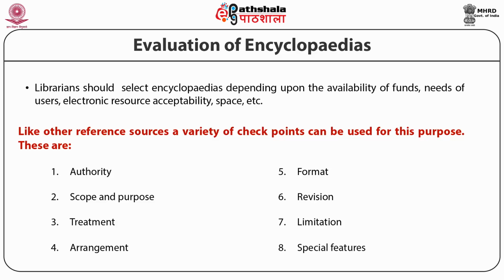special features. In this module, we have discussed the need for encyclopedias as sources of information, and the categorization of encyclopedias. These are grouped broadly into two categories, that is, general encyclopedias and subject encyclopedias. We have also taken a look at examples of encyclopedias.